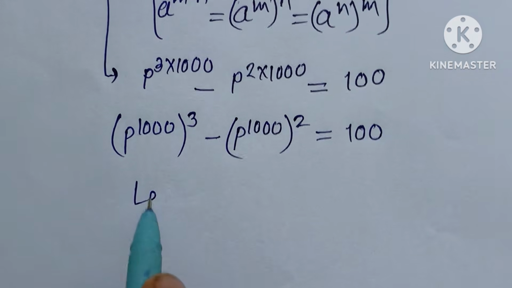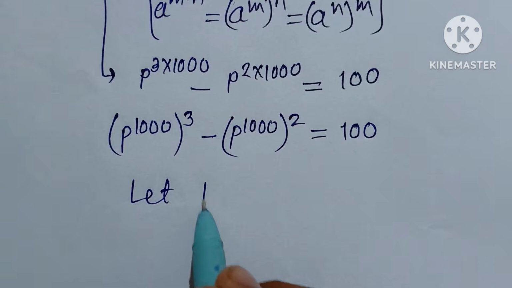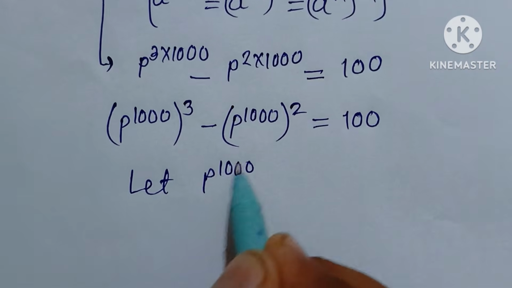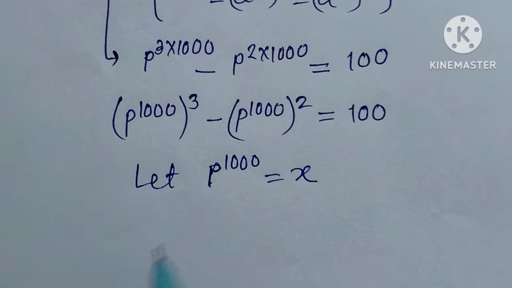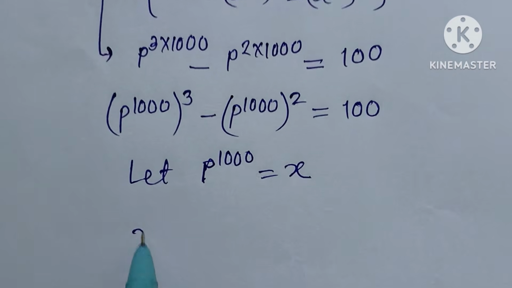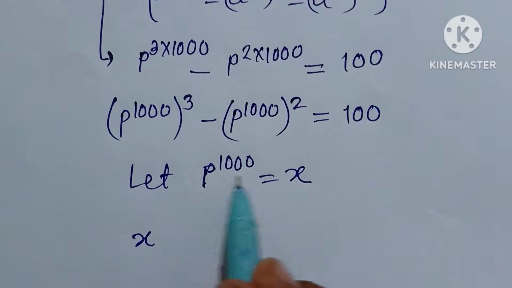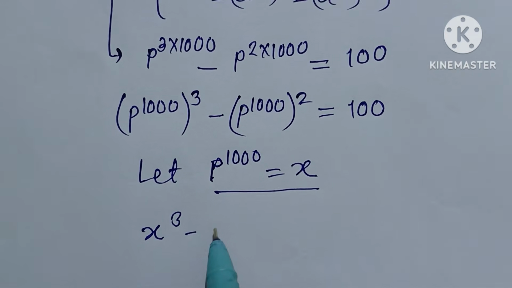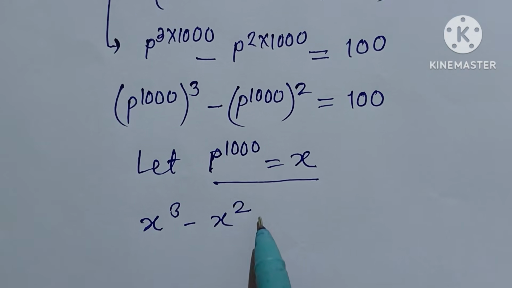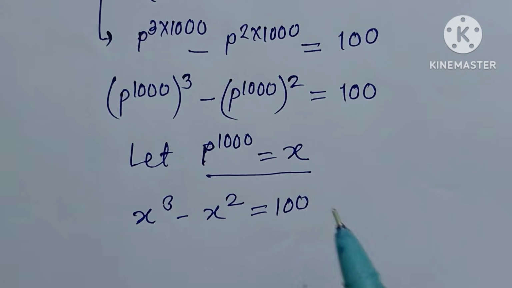Now let p raised to the power 1000 equal to x. So we will put here x cube minus x square is equal to 100.